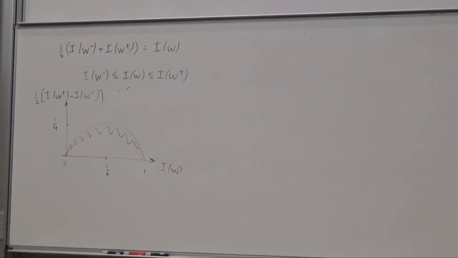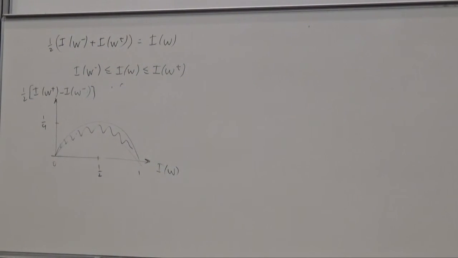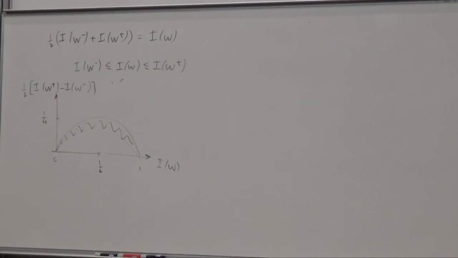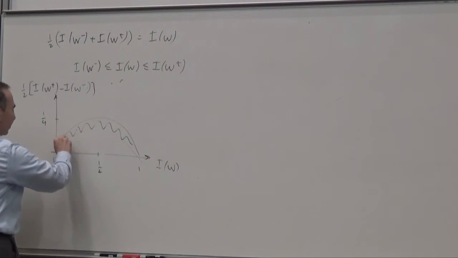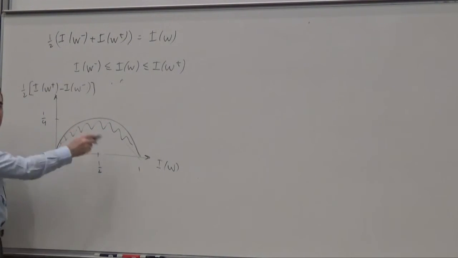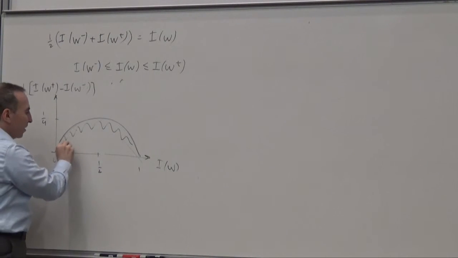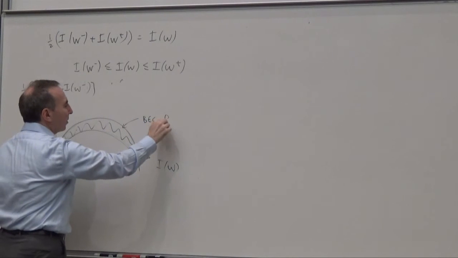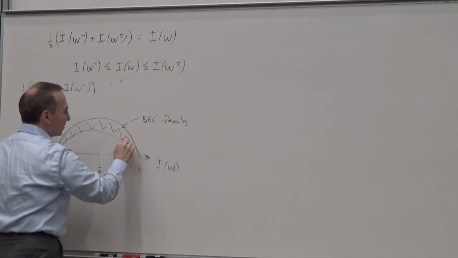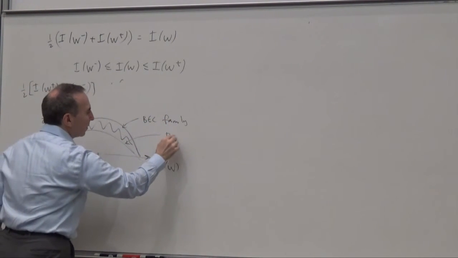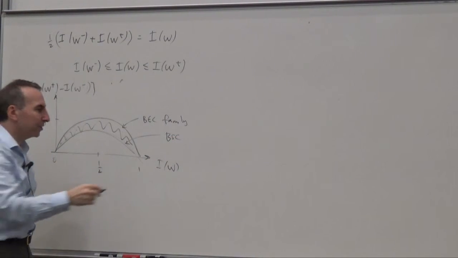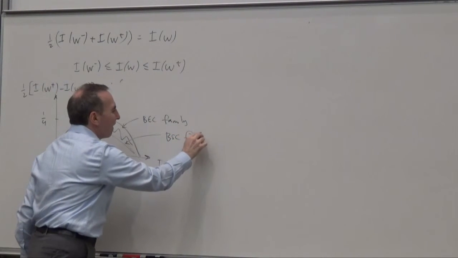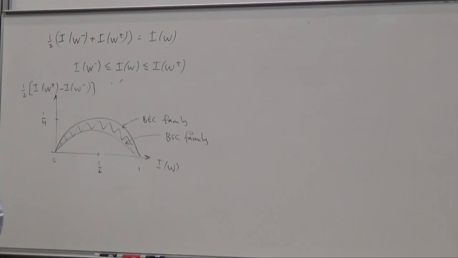The upper boundary of this crescent is what you get from the binary erasure channels. So the BECs trace the upper boundary, and the binary symmetric channel family traces the lower boundary.